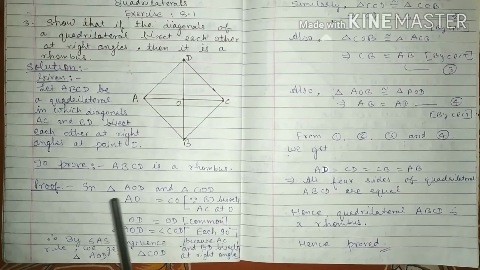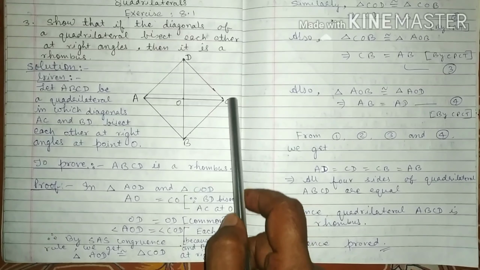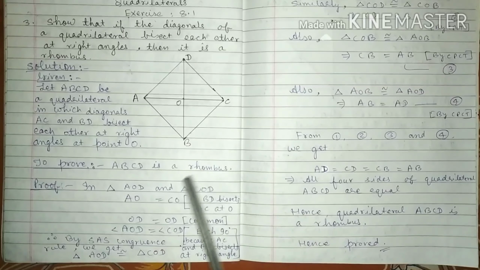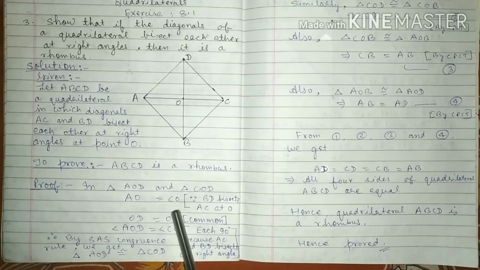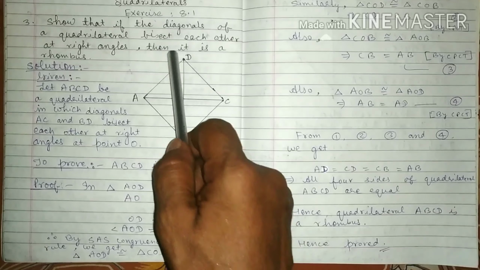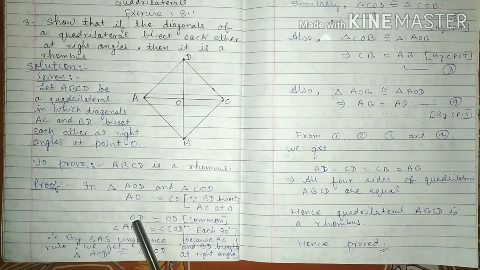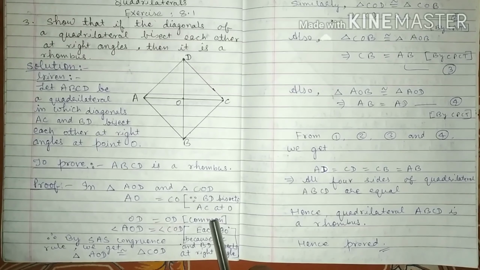Proof. In triangle AOD and triangle COD, AO equals CO since BD bisects AC at O. OD equals OD, common.